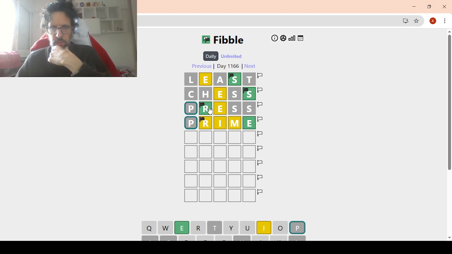Let's do something else. Suppose this R is true, then this would be false, and these two would be true, and also this one would be true. That would mean the M could not go on the first position, so it should go on the third position.